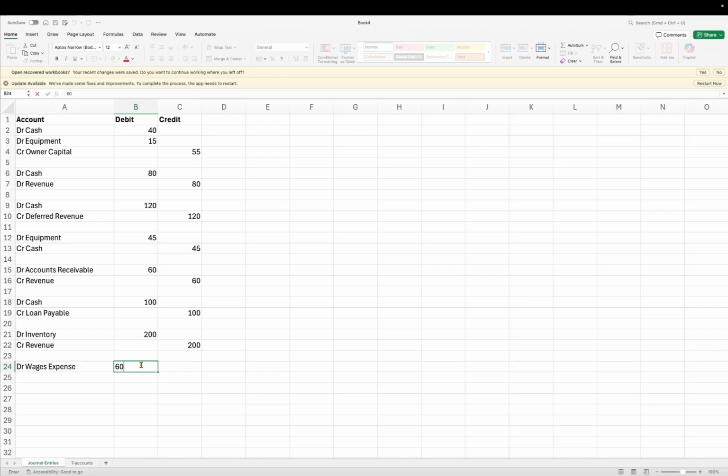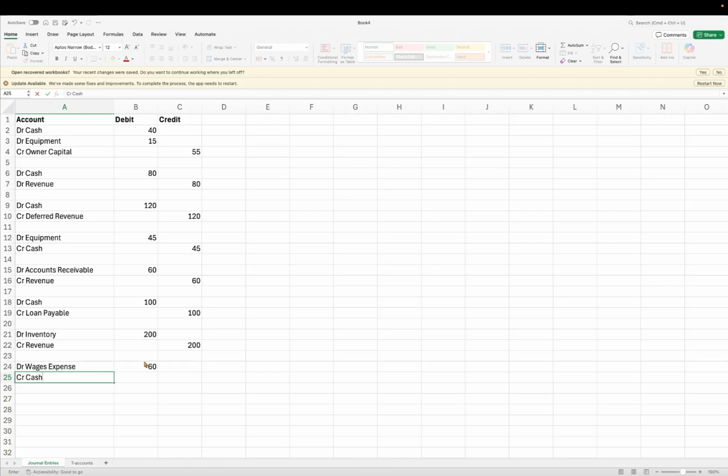I've got 60. Expenses increase with debits, so I debit wages expense in this amount. The payment is made in cash, which reduces the company's cash asset. So we've got cash again.